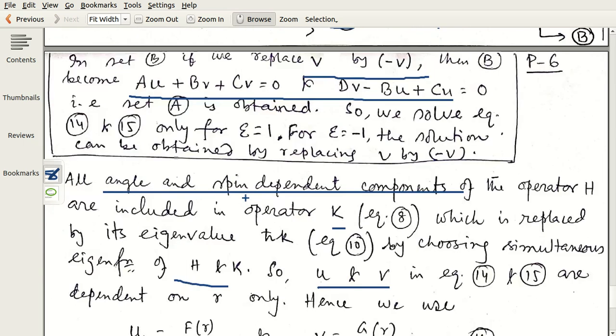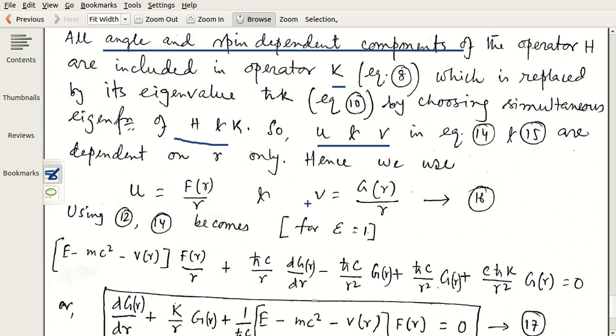For mathematical convenience we replace U by F(r)/r and V by G(r)/r.